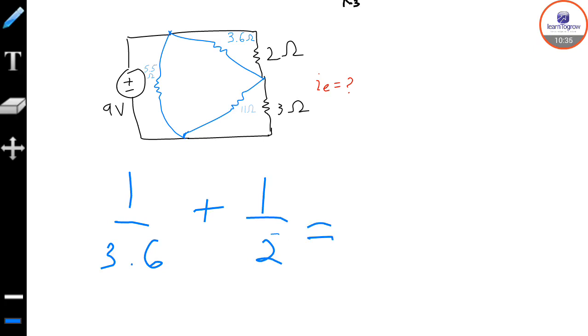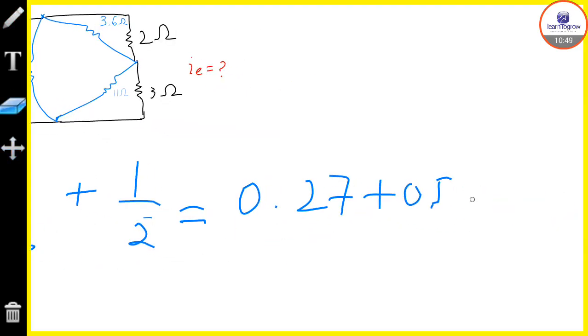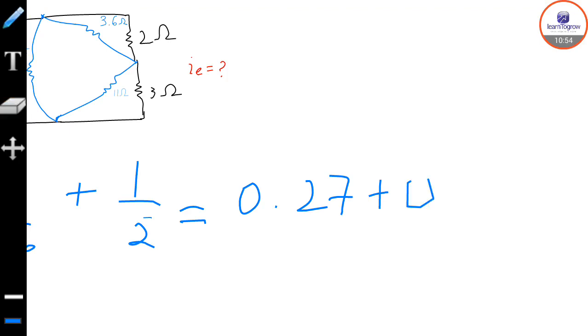1 divided by 3.6 is 0.27, plus 0.5 is 0.75, and it is the reverse.